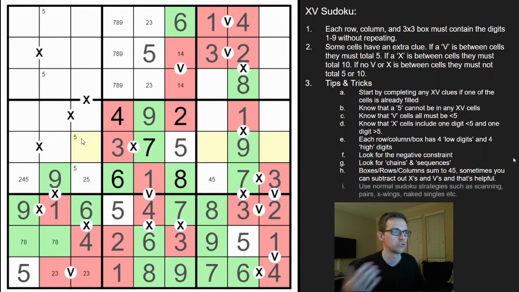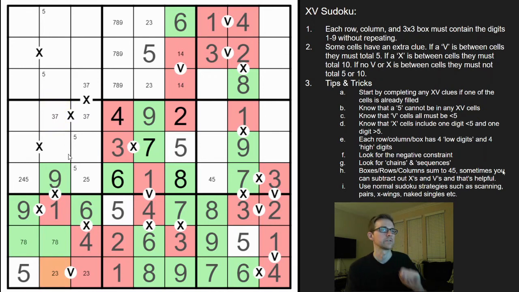And then, of course, just use your normal Sudoku strategies that you're accustomed to using. Here, I've just noticed while we were talking, this row is missing a 3 as a low digit. We know a low digit has to be in one of these, so that has to be a 3-7 pair. Well, no, I don't think that works.